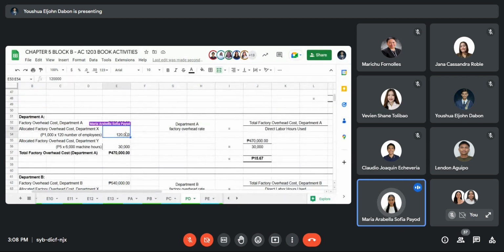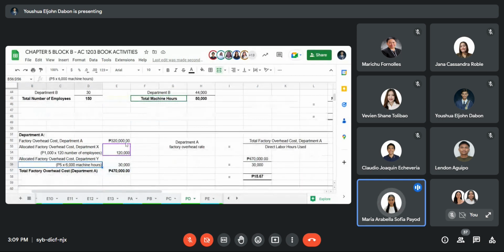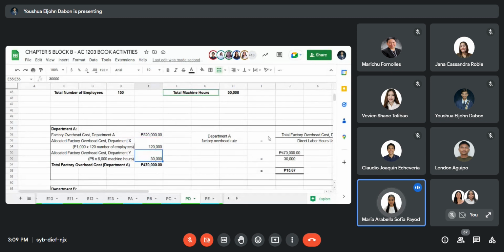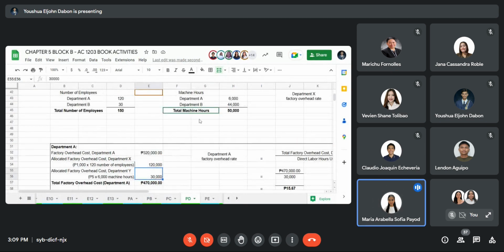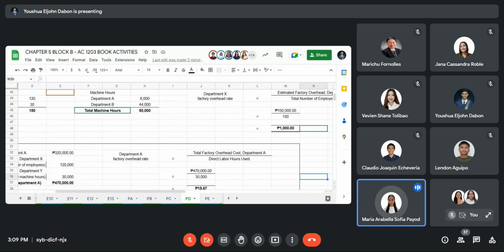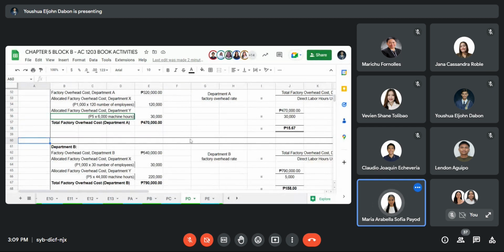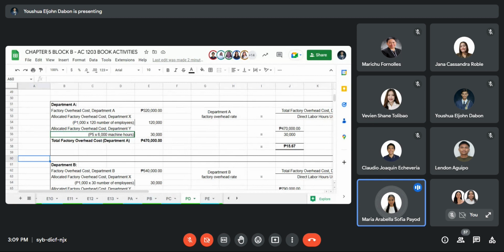Now for the allocated factory overhead cost of department Y, we got 5 times 6,000. So how did we get the 5? We added first the machine hours, which is 6,000 plus 44,000, and that is 50,000. And you divide the department's estimated factory overhead, 250,000, by the total machine hours. So that's 250,000 divided by 50,000 equals 5. So you multiply 5 by 6,000 because that is the machine hours used for department A, and you get 30,000.